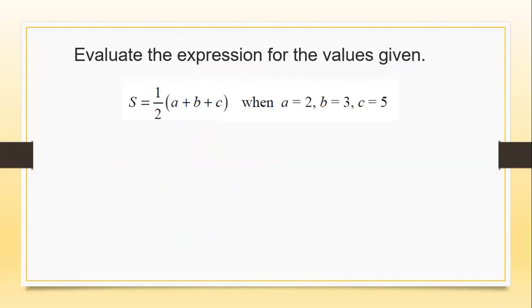Evaluate the expression for the given values. We have s equals 1 over 2, where a is 2, b is 3, c is 5, and we have a plus b plus c. So s is equal to 1 over 2, times 2 plus 3 plus 5. 2 plus 3 is 5. 5 plus 5 is 10.